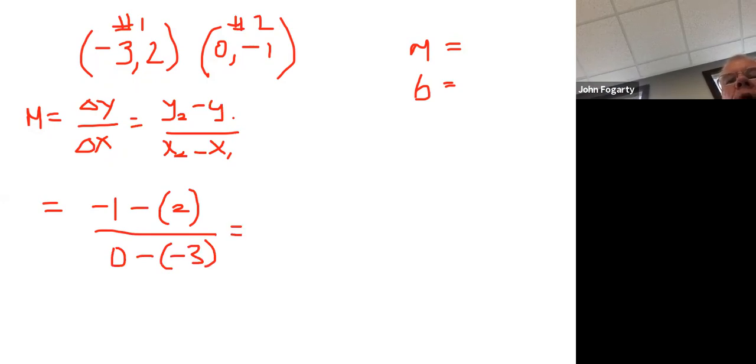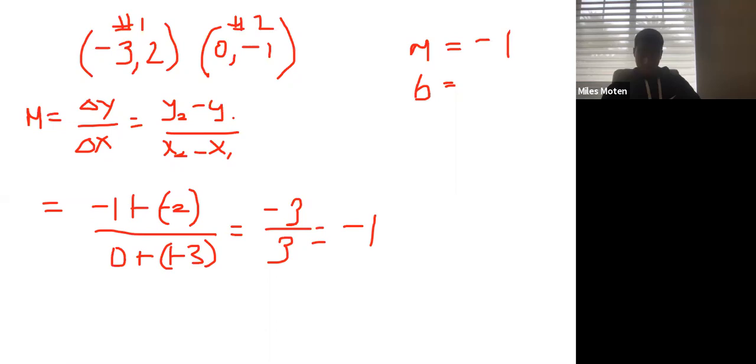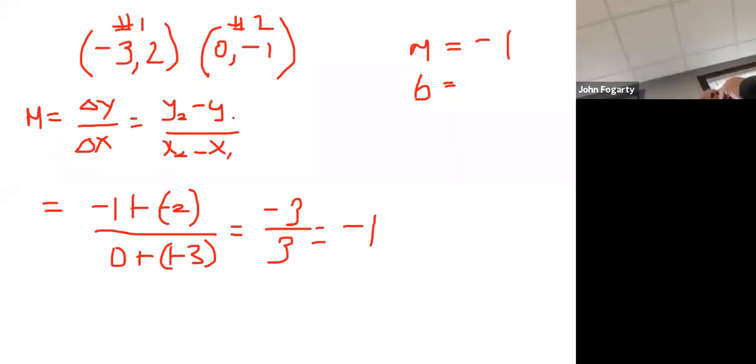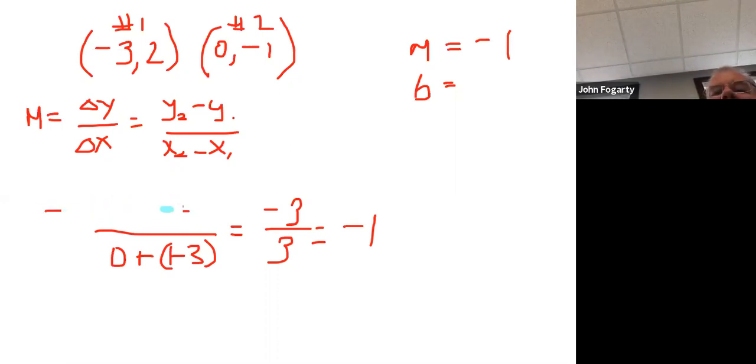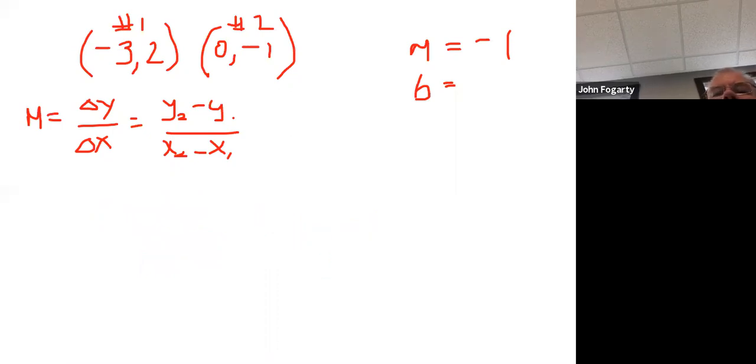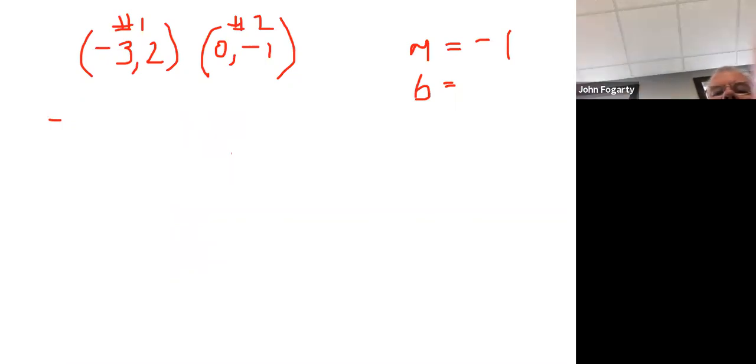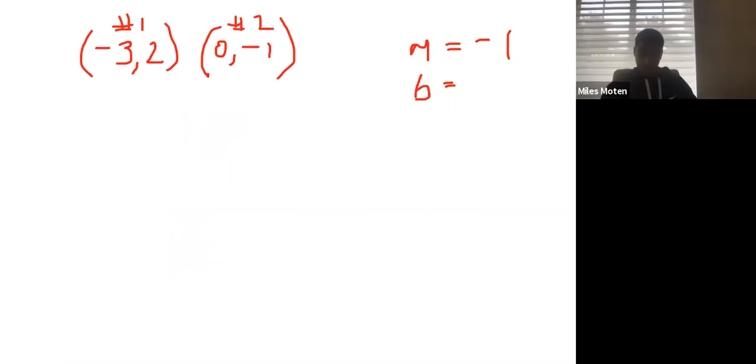So I'm going to get what? -3 over 3 is -1. That's all. Now I got to find what? The y-intercept. Now I can use either of those 2 points, fellas. I'll just write my equation.